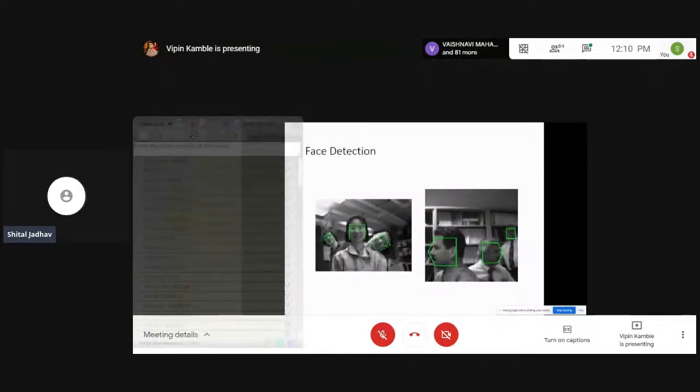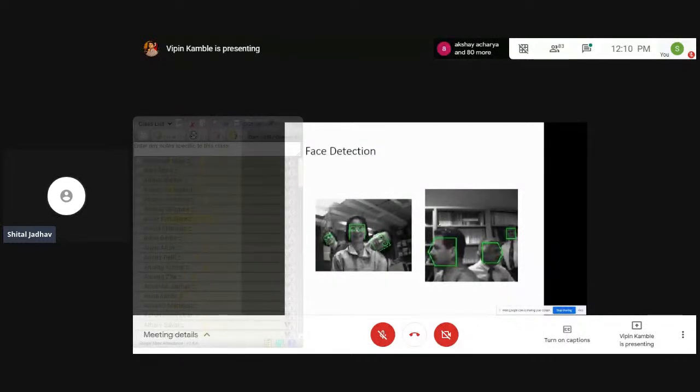Then you have face detection. The basic algorithm that you can try for face detection is Viola-Jones, which is inbuilt and available in MATLAB in the vision cascade object detector. It simply tries to find out where the eyes are, because eyes are the easiest thing to determine in an image.